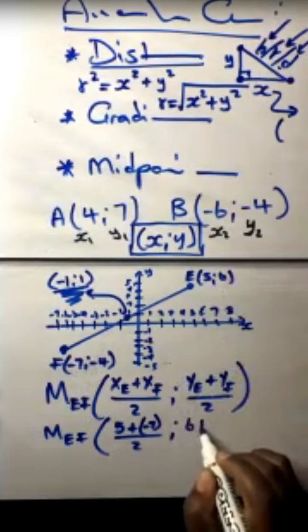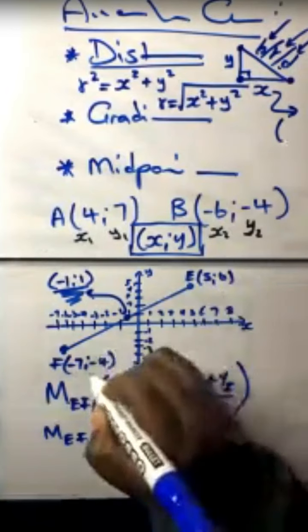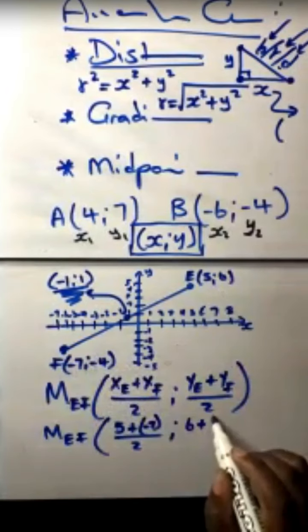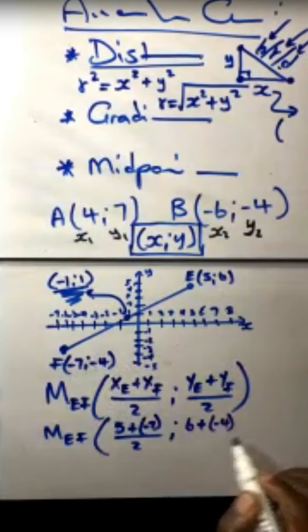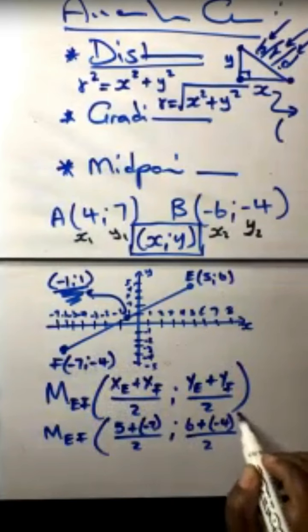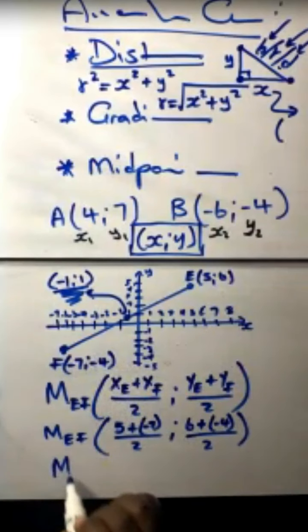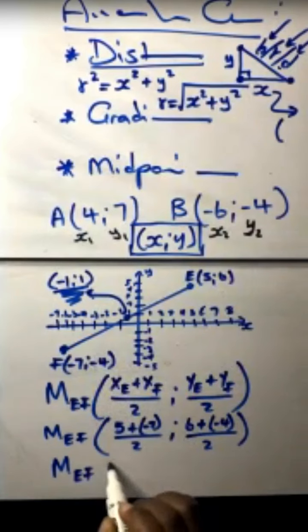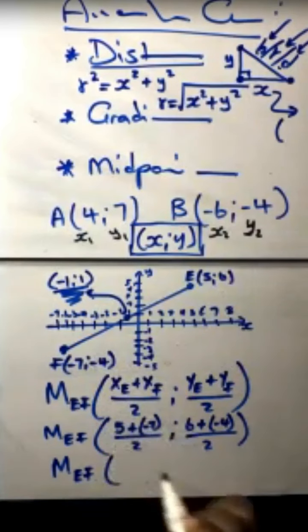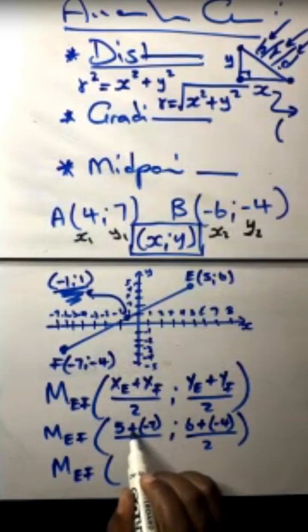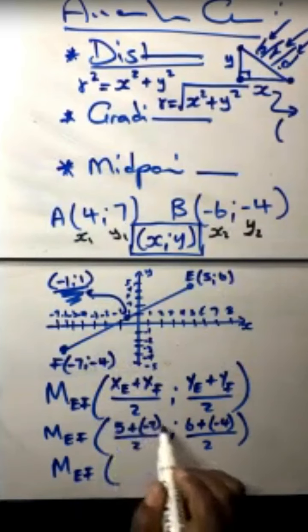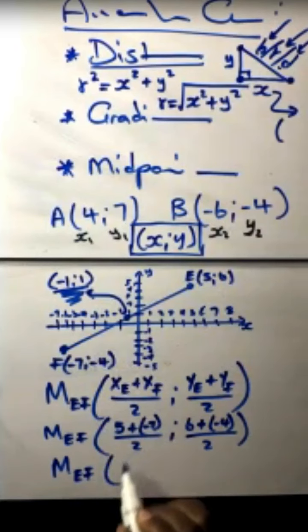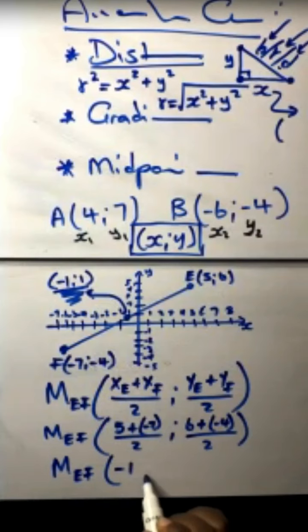It's +6 plus what is the Y of F? It's negative. Because it's a negative value, let's put it in brackets, then divide everything by 2. Therefore, the coordinates of the midpoint of EF is, you punch all of this on a calculator, 5 plus that, this gives you -2 divided by 2, so it gives -1.